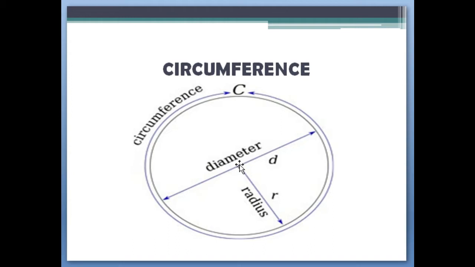Then, yung radius naman is the line segment from the center of the circle to any point of a circle. So, yun lamang po ang definition or yung difference ng diameter at ng radius. And remember na ang diameter is double or doble ng radius.